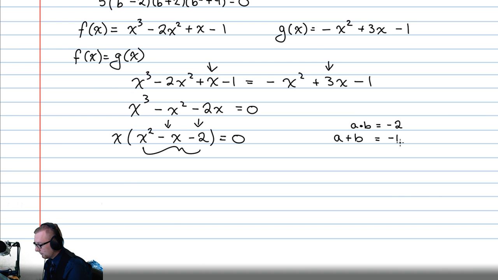So what are two numbers that multiply to give you 2? 1 times 2. Good. Now you have to figure out what their signs are. The sign on this 2 is negative, so one of them has to be negative. Which one has to be negative?